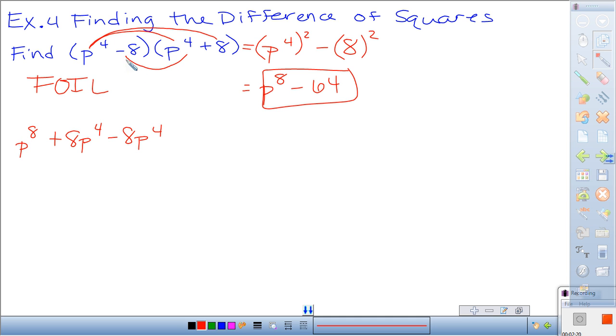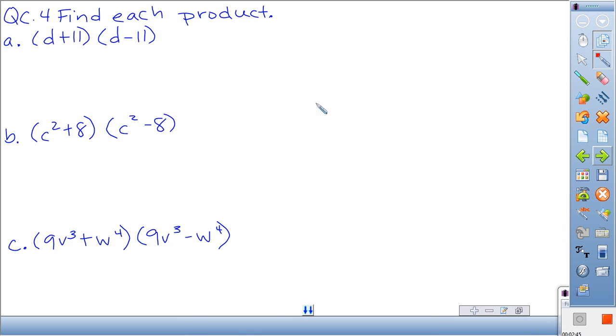And last, negative 8 times 8, which is minus 64. Now I need to simplify, combine like terms. I have a positive 8p to the fourth and a negative 8p to the fourth, so those two cancel, and I end up with p to the 8 minus 64, which is the same thing we got when we used our shortcut. So again, the shortcut is just a quicker way to get the same thing you would get if you used FOIL.